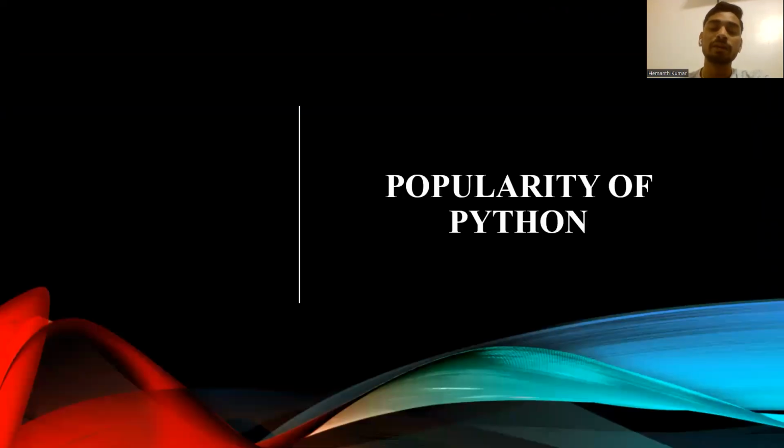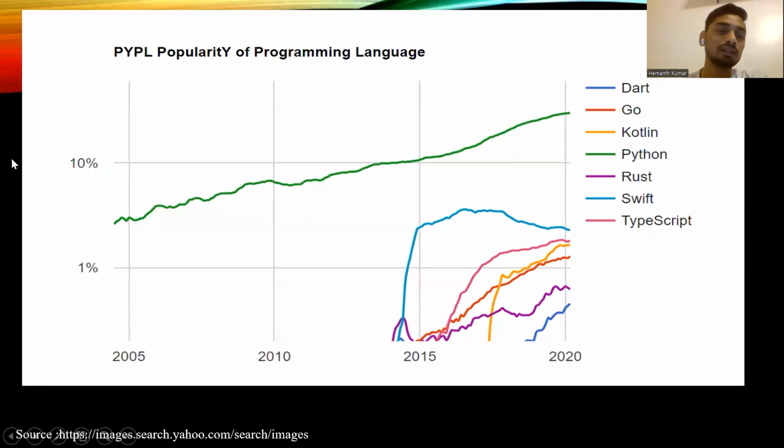And going ahead to the next slide, we have the popularity of Python graph. This graph shows the popularity of Python in the green line, and the other programming languages are shown in various colors.